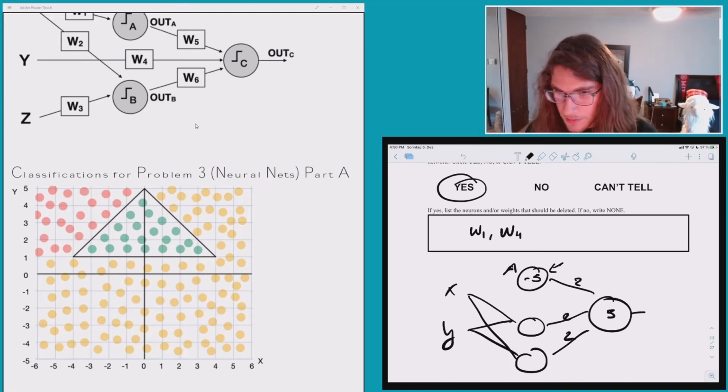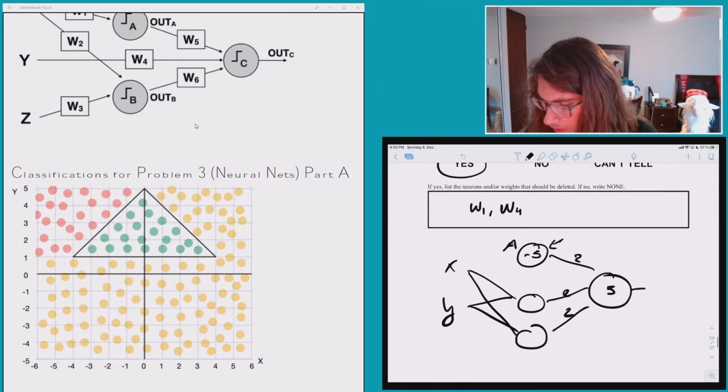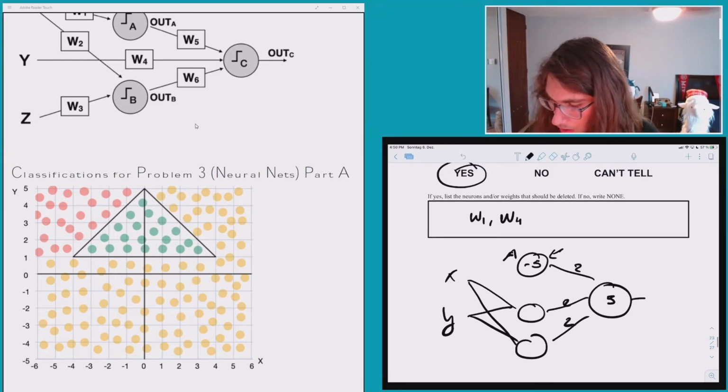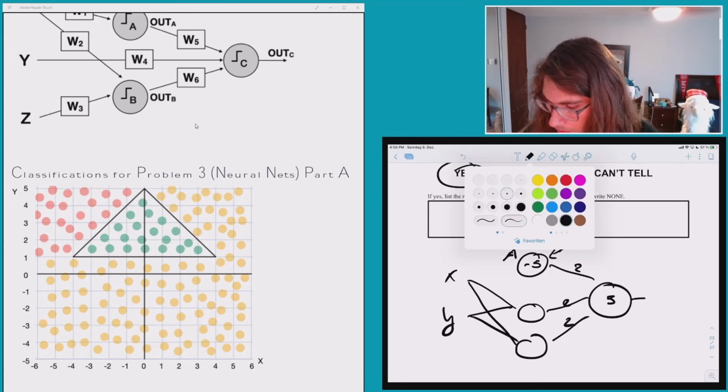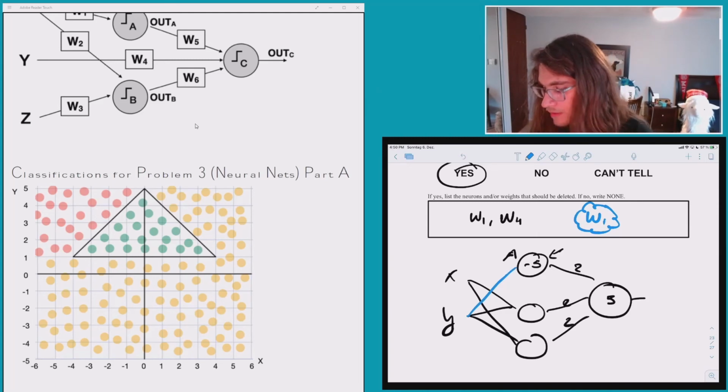And I encourage you to consider what would happen if you only deleted W1. So let me write in some neutral color, blue. What if you only delete W1? Meaning the neural network would look like this.